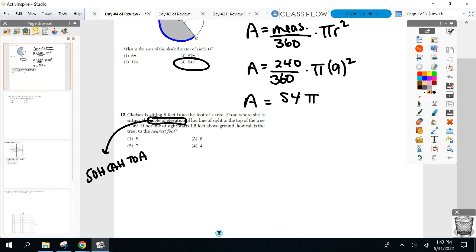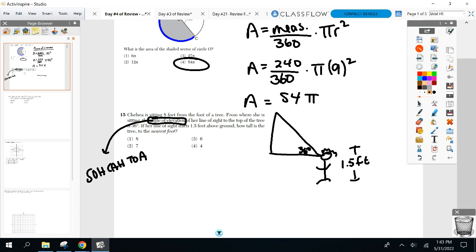But here, whoa. Her line of sight starts 1.5 feet above the ground. So when I draw this right triangle in and I put 36 degrees, remember, the line of sight starts 1.5 feet above the ground.